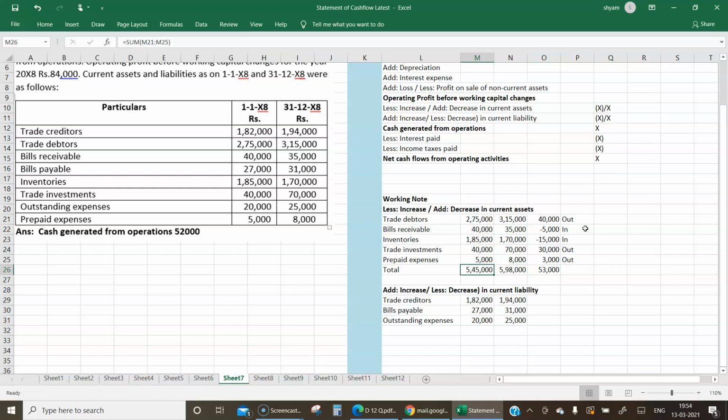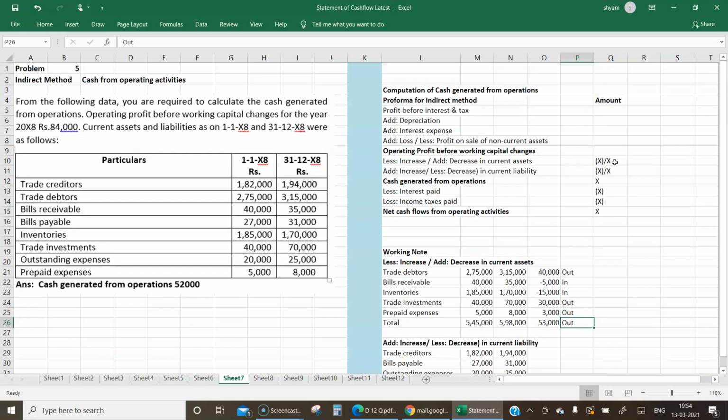In the opening it had 5,45,000 of current assets. In the ending we have bought a little more of it, so it is a cash outflow. So your money is more stuck. So 53,000 of money is stuck.